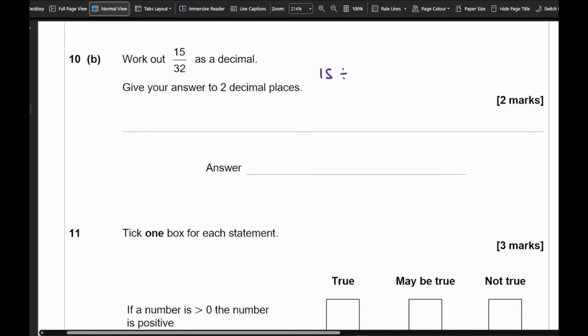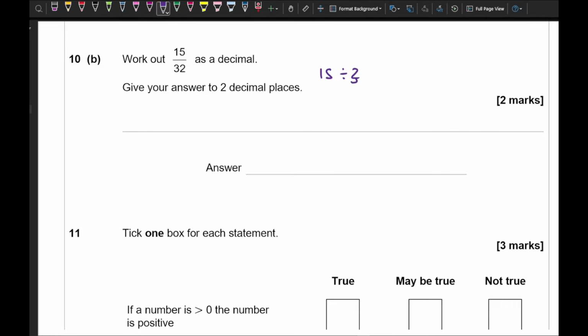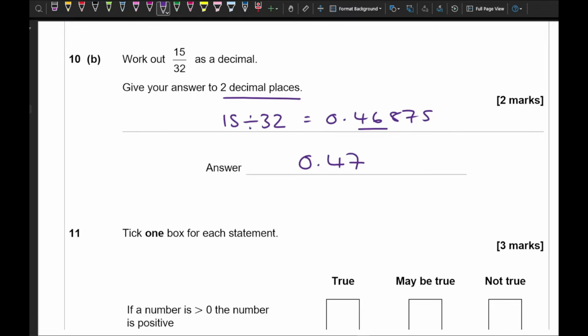So for this, all I've got to do on my calculator is 15 divided by 32, in which I get an answer of 0.46875. The question wants me to write it to 2 decimal places, so that's going to be 0.47.